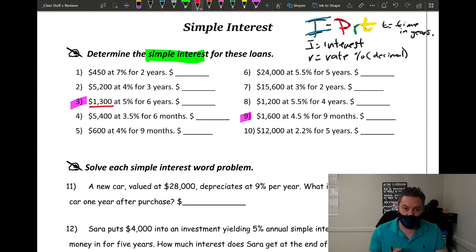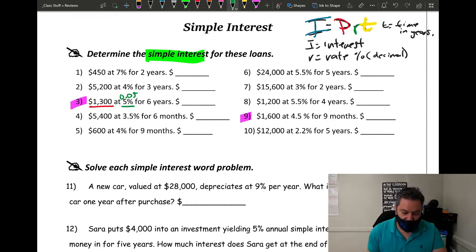The principal amount, the amount that you're going to be asking a loan for, or the amount you're going to be financing, the money amount is going to be the principal. And then the rate is going to be your percent, but you have to convert that into a decimal. So in this case, it'll be 0.05.